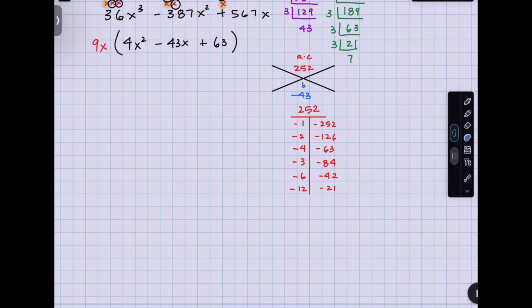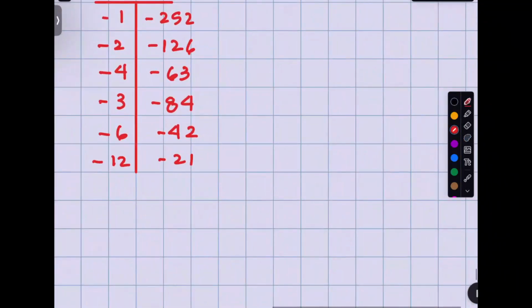Well, here's the thing. What are we looking for? We're looking for negative 43, right? This right here gives me what? Negative 48. This right here gives me what? Negative 33.